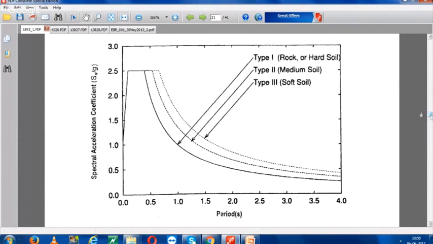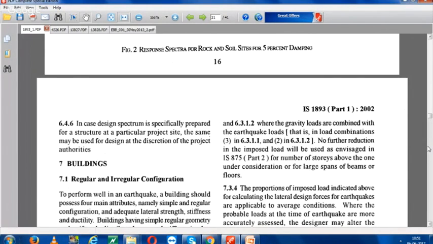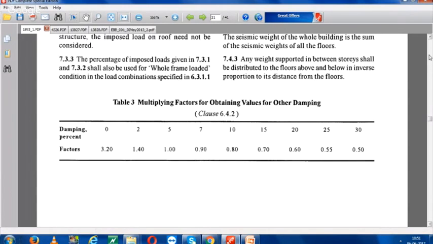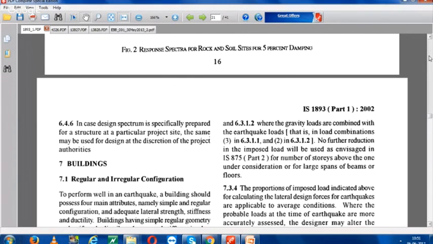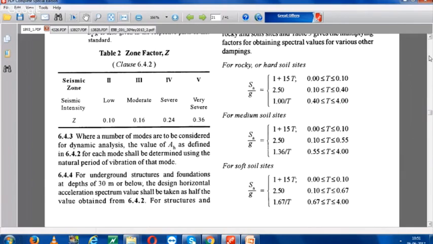You can see here the type of soil: rock or hard soil, medium soil or soft soil. For this, the factor is given in this table. For example, if you are designing your building for rock or hard soil, Sa by g is given here as 1 plus 15T. T is the time period which you have calculated.